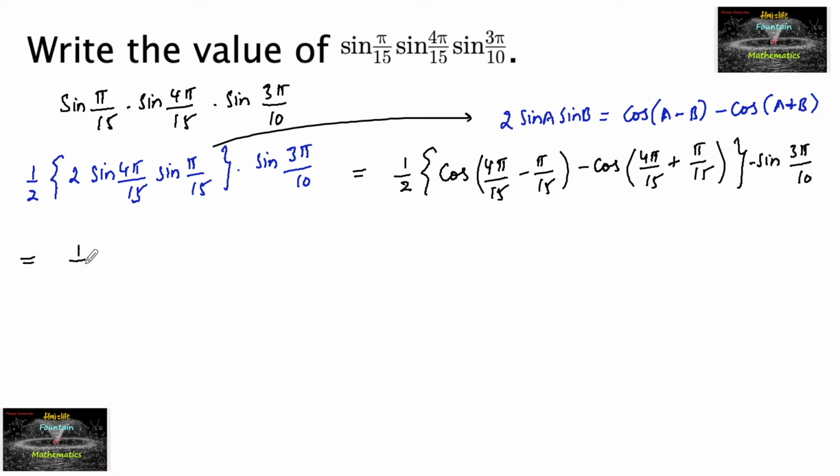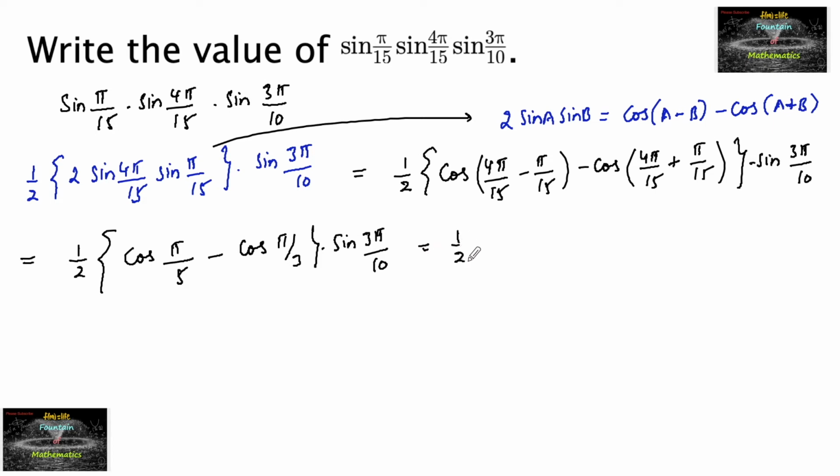Which equals 1 by 2 times cos of (4 pi minus pi), that is 3 pi by 15, which is pi by 5, minus cos of (4 pi plus pi), that is 5 pi by 15, which is pi by 3, into sin 3 pi by 10.